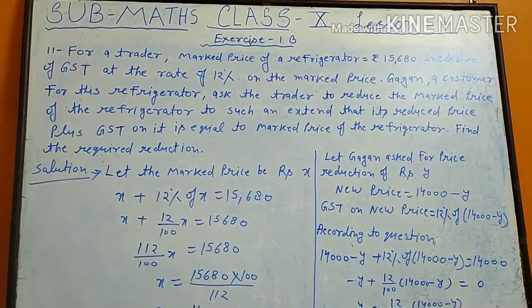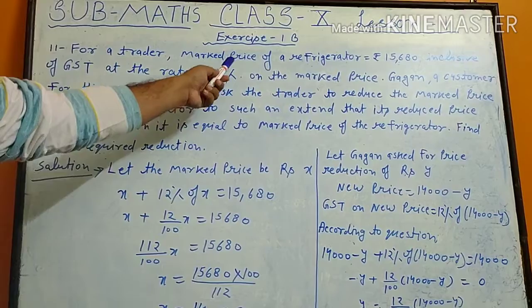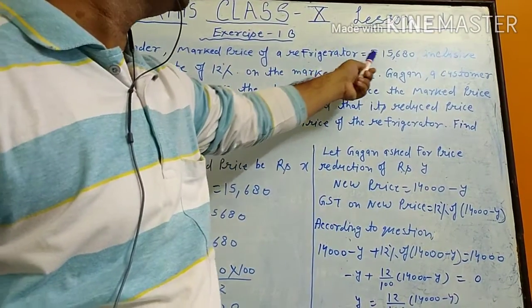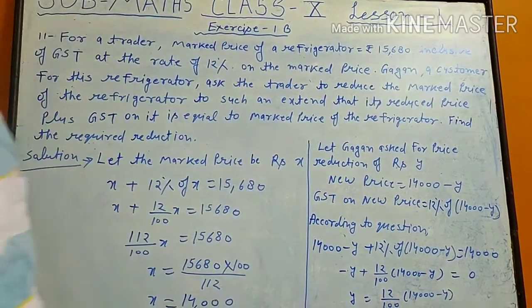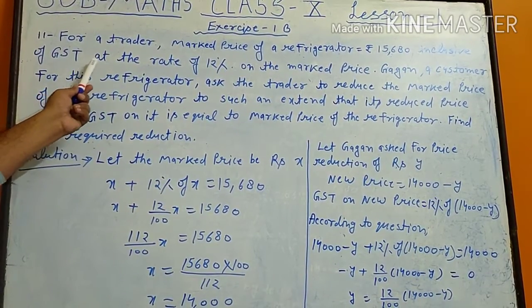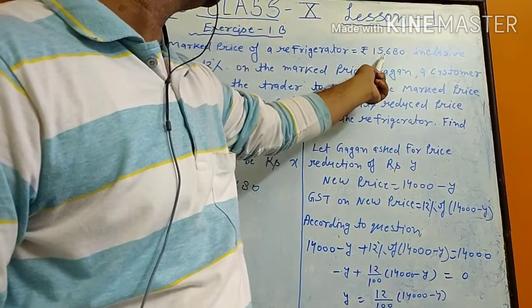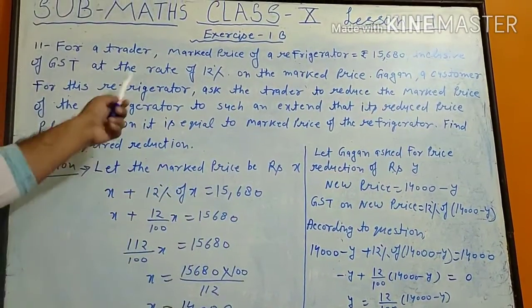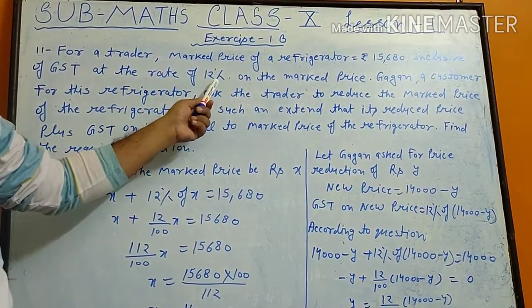Okay students, now we solve question number 11. For a trader, the mark price of a refrigerator is 15,680 inclusive of GST at the rate of 12%. Inclusive means the GST is included in the mark price, that is 15,680, and the rate is 12%.